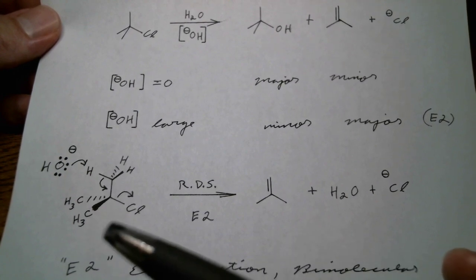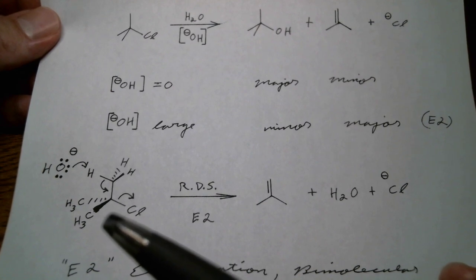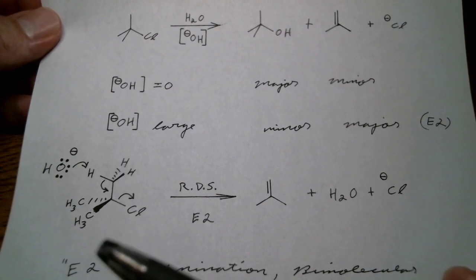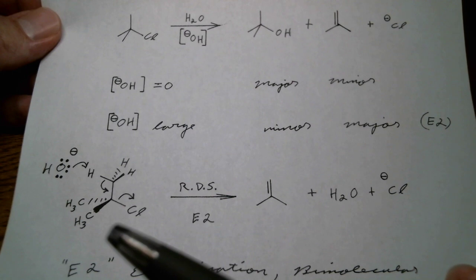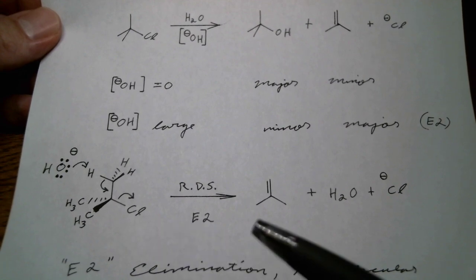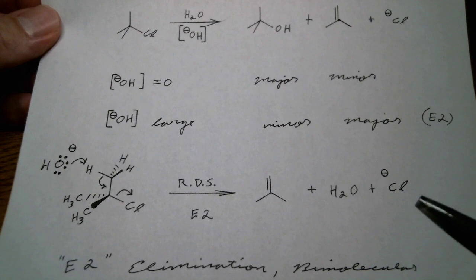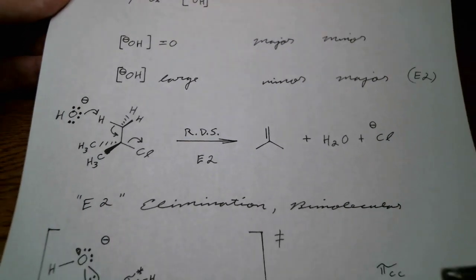Our hydroxide cannot access that tertiary carbon. It's just too sterically crowded. So instead, when it tries to bump into that molecule, it hits a proton on one of the adjacent carbons. And we form our alkene, water, and we kick out our leaving group, chloride.